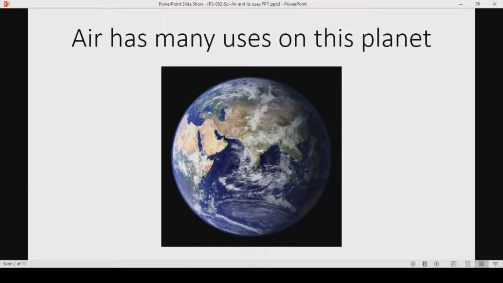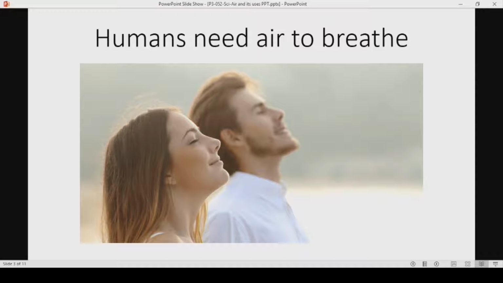These are all examples of when us, human beings, use air. Humans need air to breathe. Yes, probably the most important use of air, breathing.